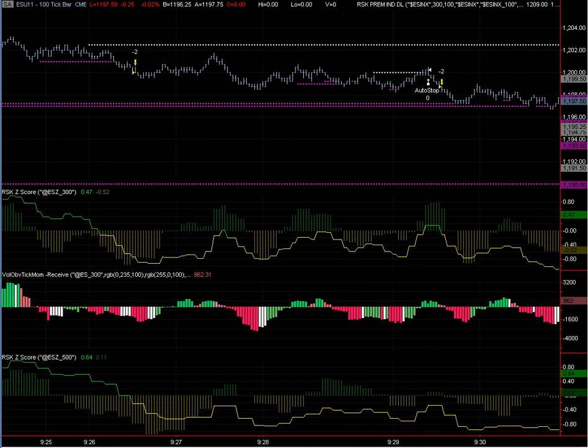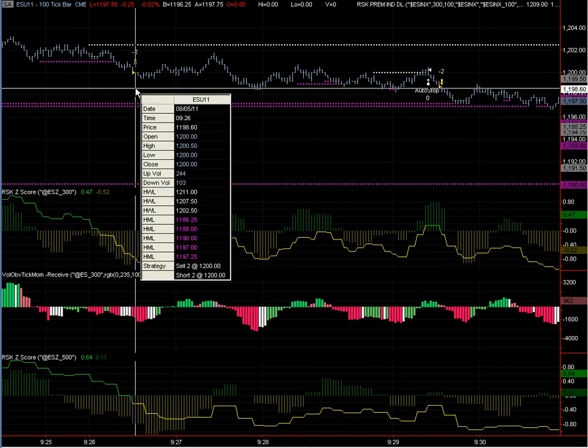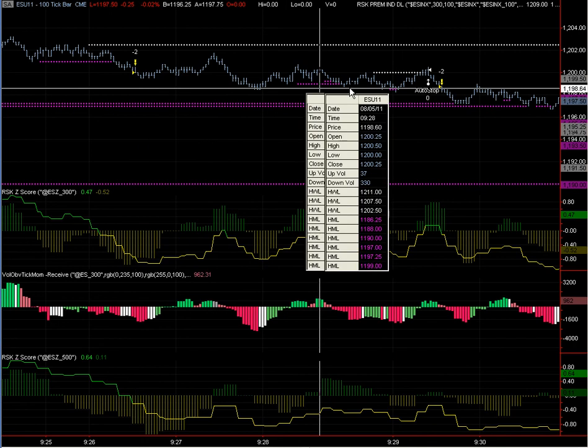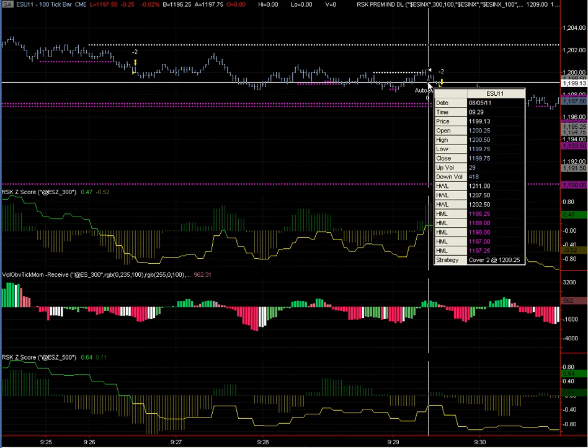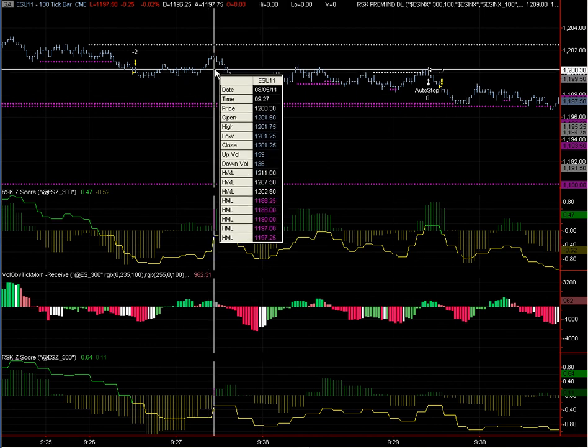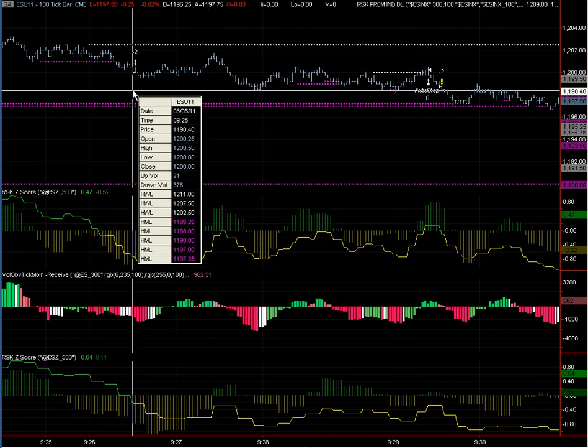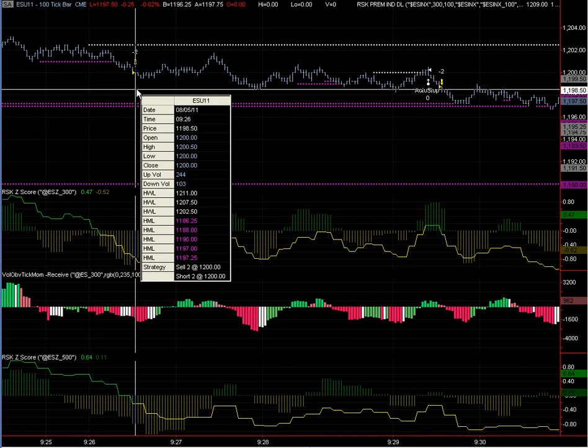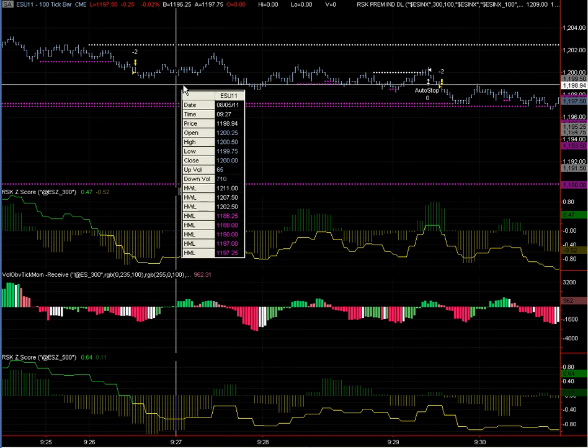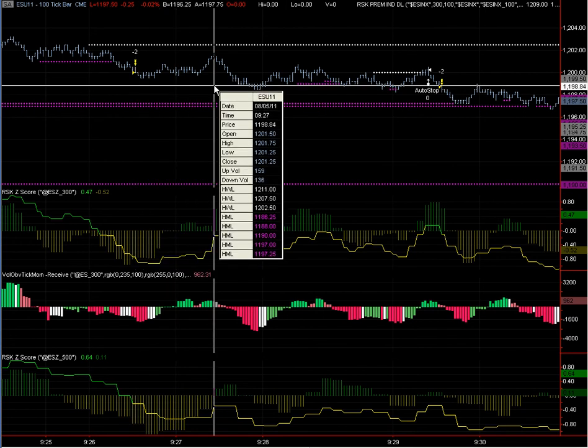Now here's the auto stop. Short at 1200, auto stops at 1225. So even though 1200 runs up to 1201.75, we haven't exited.